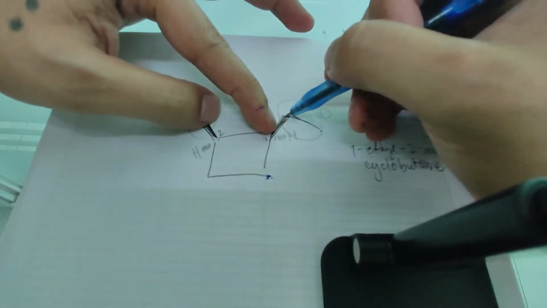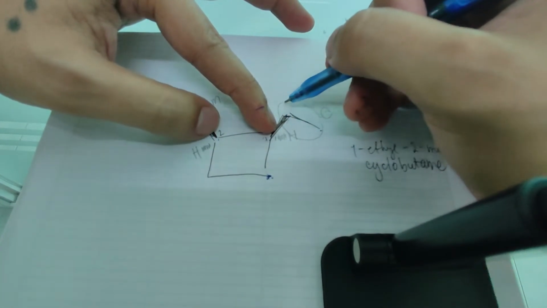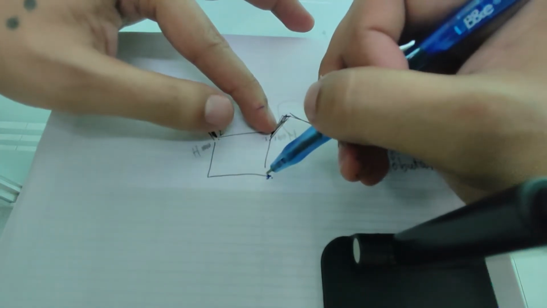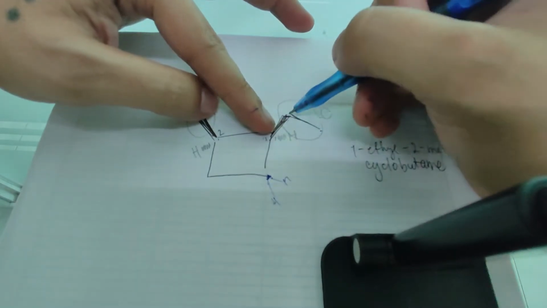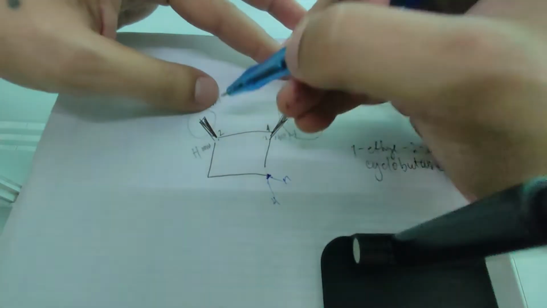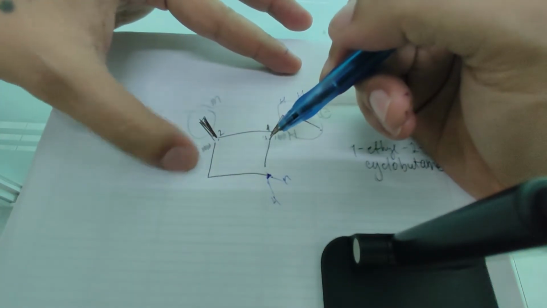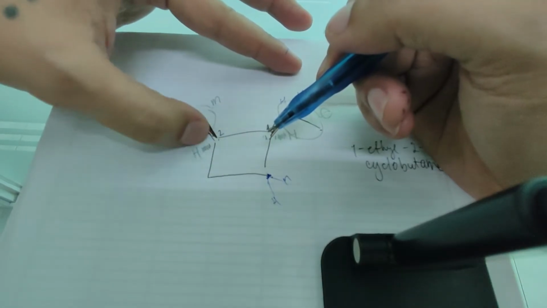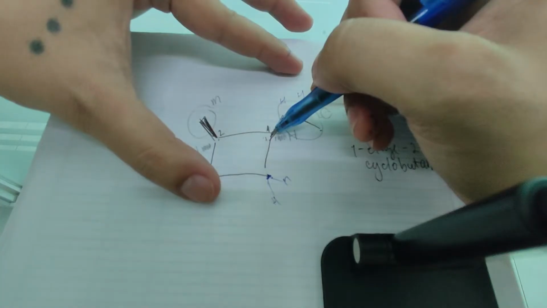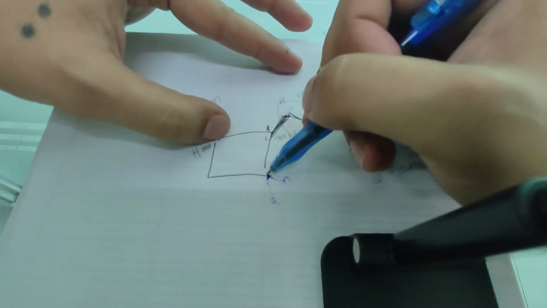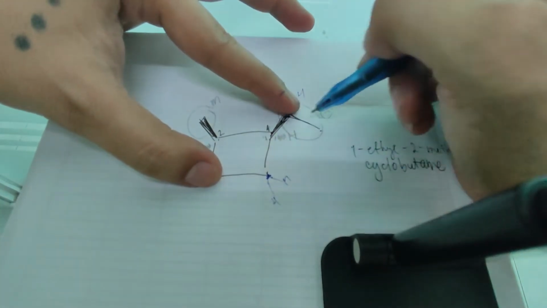So, talo na agad to because this carbon has 2 hydrogens, while this carbon has hydrogen, hydrogen, hydrogen. So, gusto natin mas kakaunti ang hydrogen, no? Mas gusto natin carbon, carbon, carbon. Okay, so 2 carbons yung nakabond sa kanya, unlike dito na isa lang.